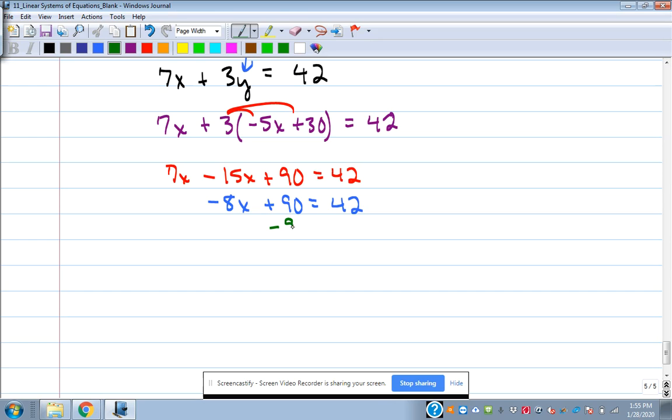Subtract 90. Negative 48, and then divide that by that negative 8. Positive 6.